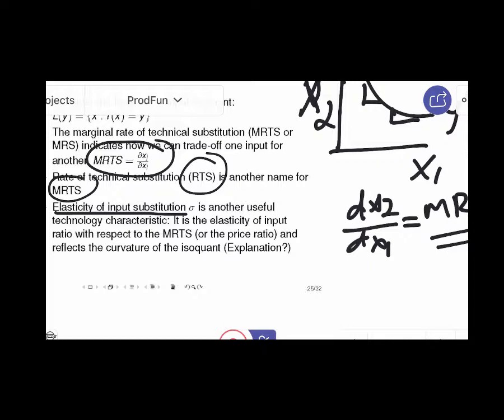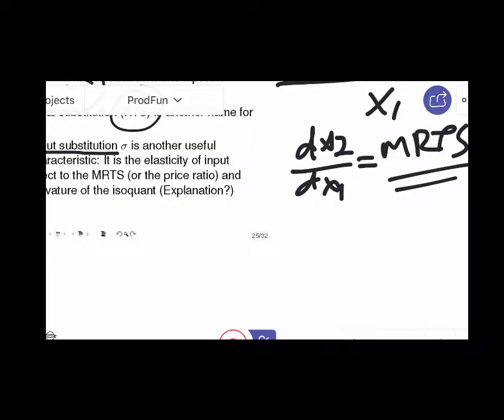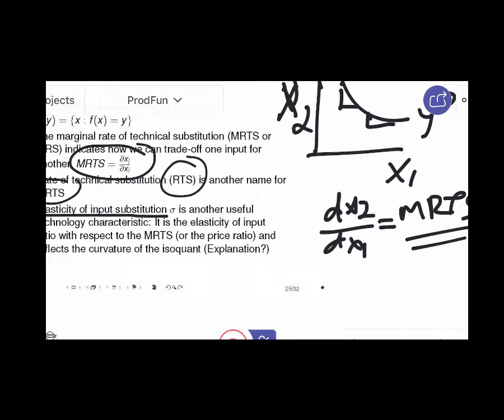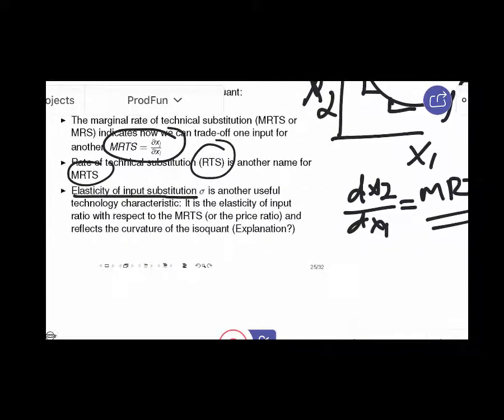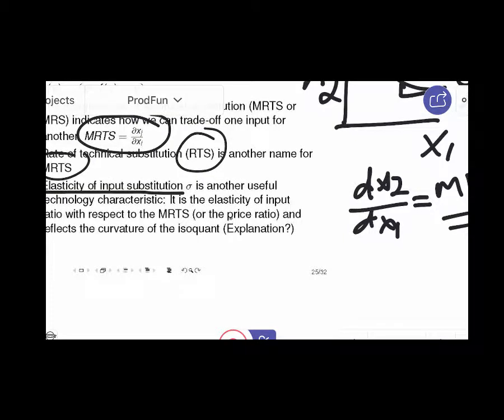But the marginal rate of technical substitution, when you have optimized your input mix, is equal to the input price ratio. So in a way, the elasticity of substitution is measuring the responsiveness of the input ratio to the changes in the price ratio, and it's determined by how curved the isoquant is.